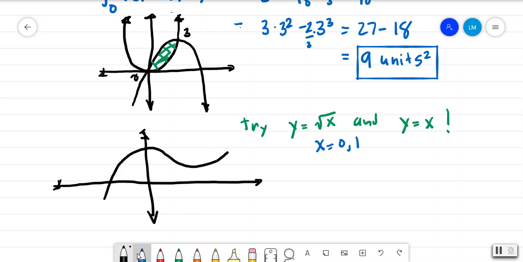Okay, so this is f. So here, let's say that you have your function g. So let's say that you have g, and let's say that it looks like that.